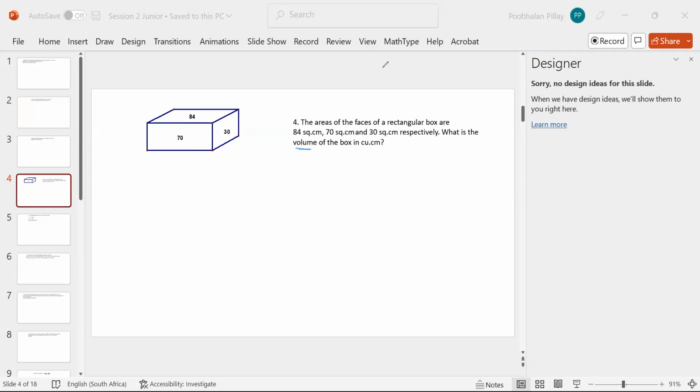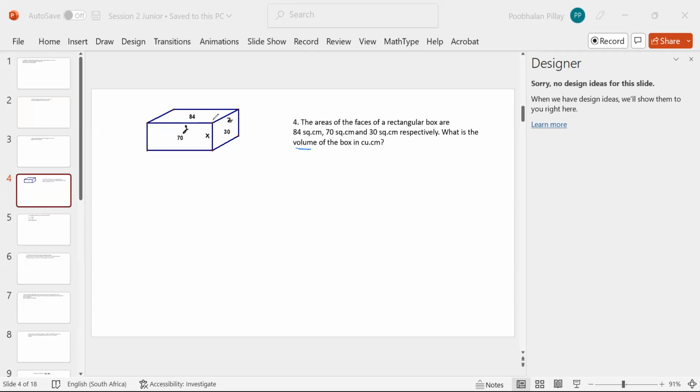Okay, so we need to find the volume of the box. If you remember, the volume of a box is length times breadth times height. So the height, let's call it x. That's the height there. The length is y. And the breadth is z.